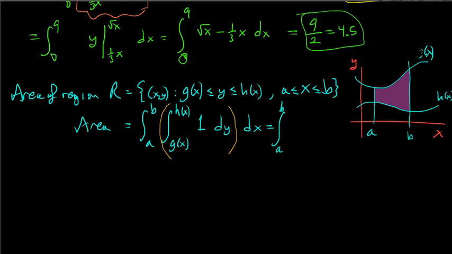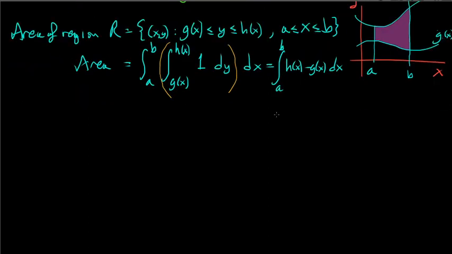So this should be the h, this should be the g. Because if you reverse them, you'll just get a negative. And we don't want the area to be negative, right? So h goes on top, g goes on the bottom. So it is h of x minus g of x. Right. And this is what you did in Calc 1. Got it?